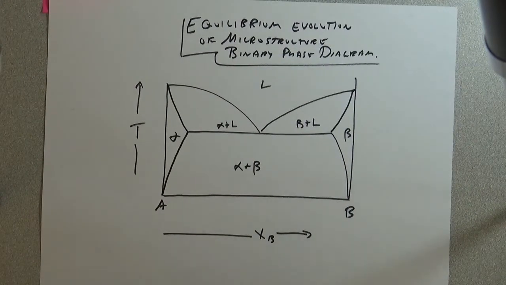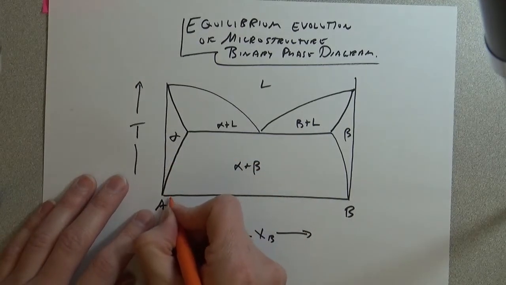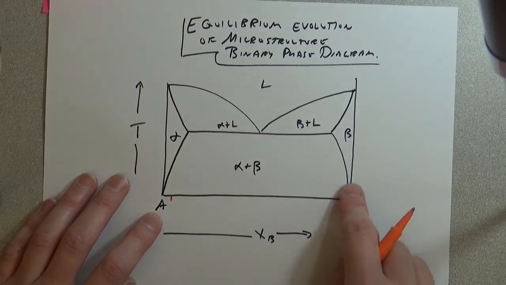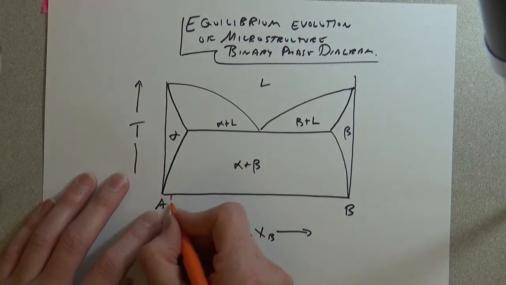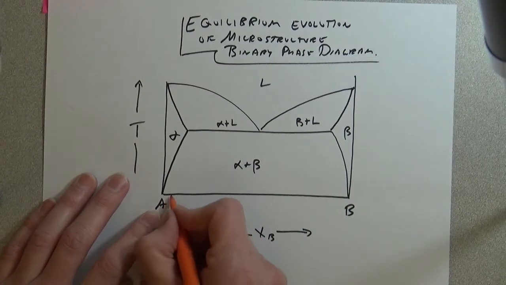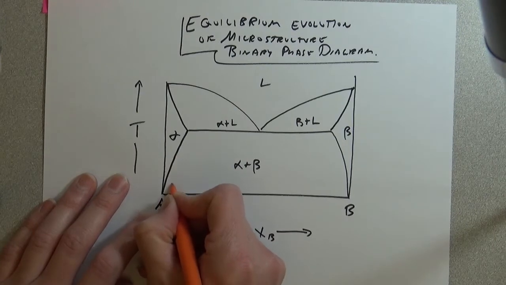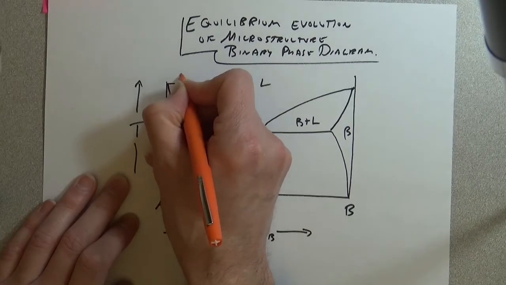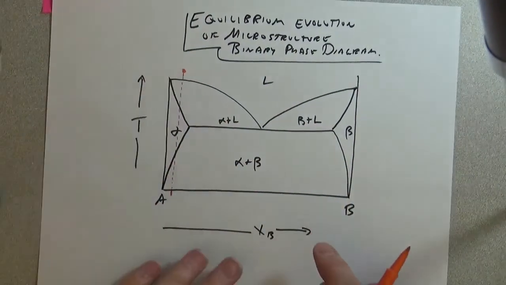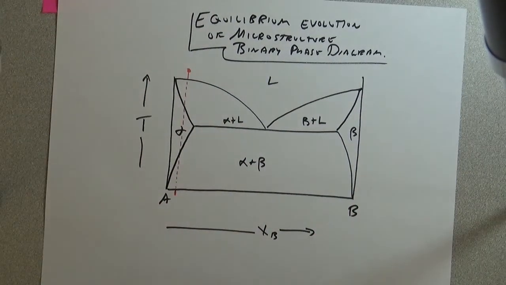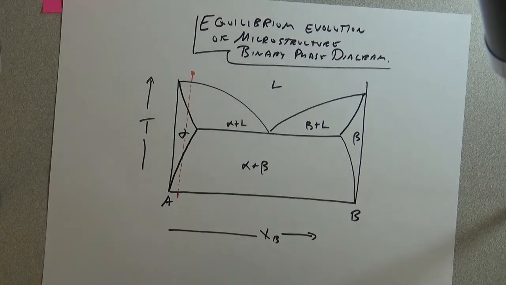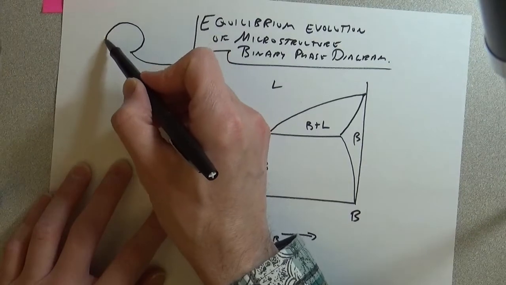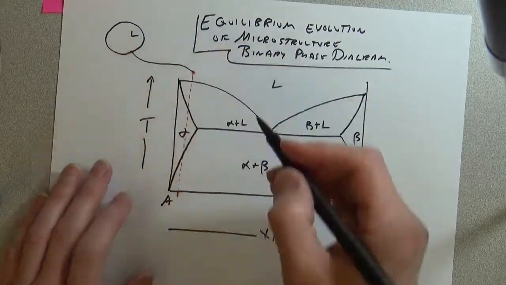Okay, so let's take first a simple path that starts out here. We're going to have something which is very close to the A side, or we pick the B side, but we're going to pick this composition. And we're going to heat it up until it's liquid. So we're up at that point, and at that point we have a microstructure which is all liquid.